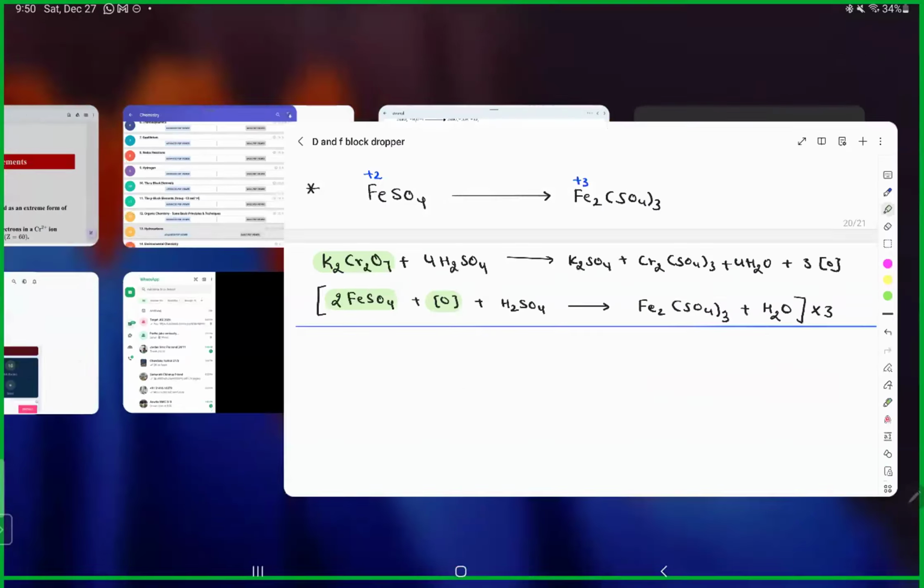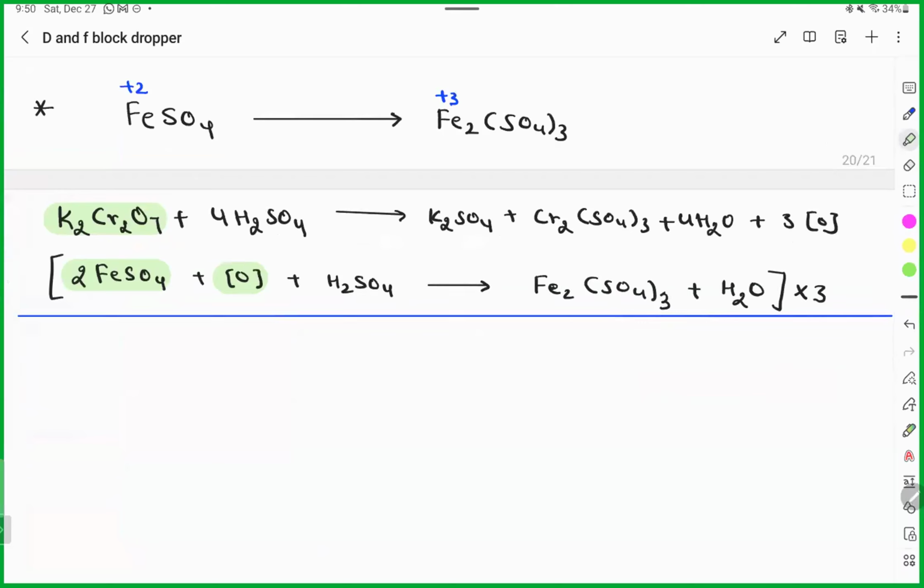Okay. So, Sarah, we know K2Cr2O7 will produce three oxygen. Now, these three oxygen should be utilized by the other compound. FeSO4 will utilize this oxygen. Because here Fe has the +2 oxidation state, it will always convert into the +3 oxidation state if there is oxidation.